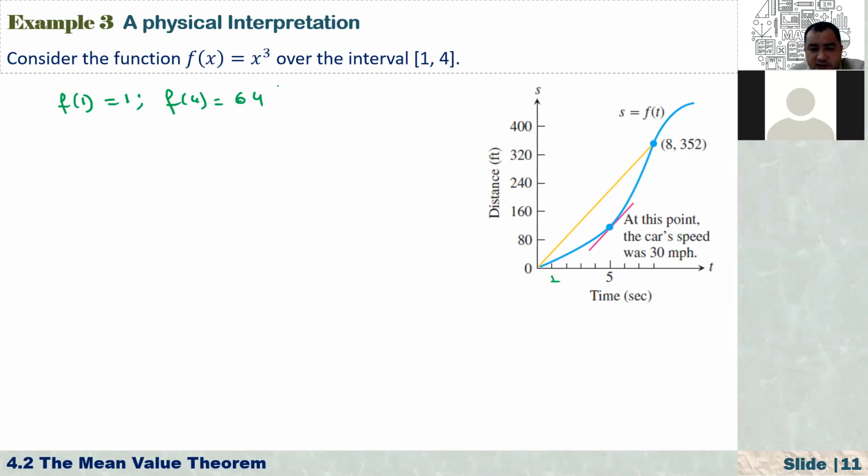And that is x cubed. It is a continuous function and also differentiable. That means there exists some c in the interval 1 and 4, where f prime of c is equal to 64 minus 1 over 4 minus 1, which is equal to 63 over 3, equal to 21.